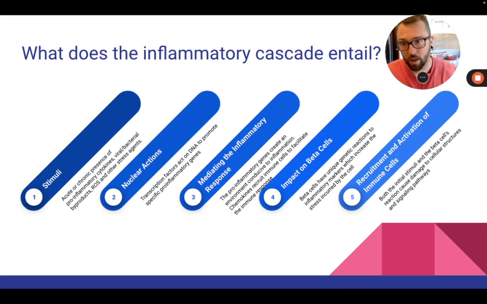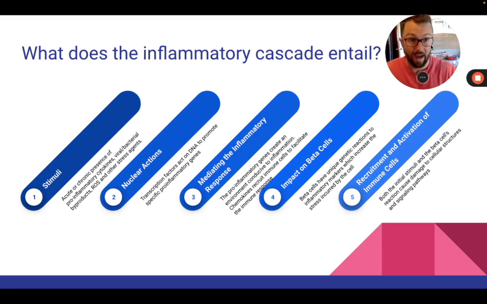That's the initial stimulus. So there's an acute or a chronic presence of pro-inflammatory cytokines, viral and bacterial byproducts, reactive oxygen species, and other stress agents. These initial injuries cause damage to cells, which create nuclear actions. That's number 2.